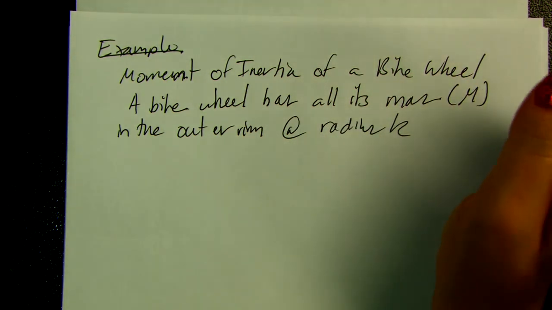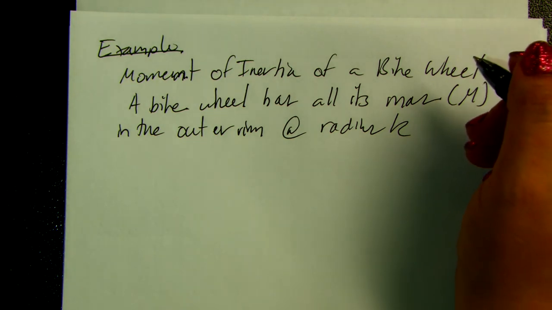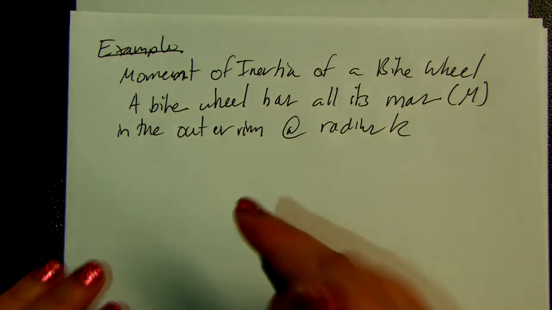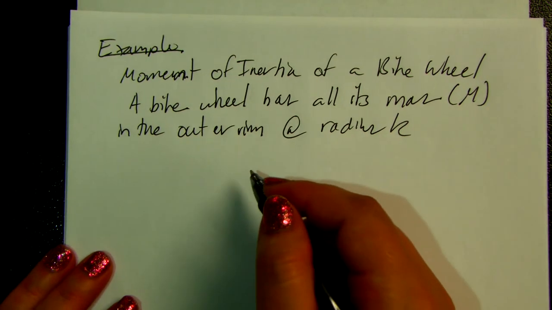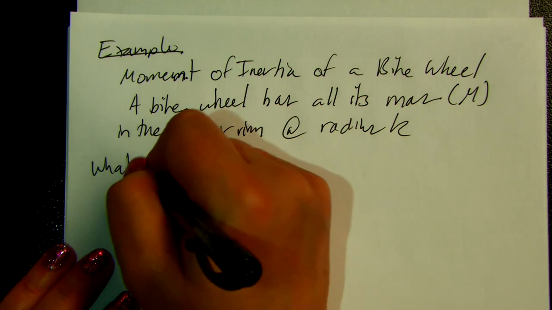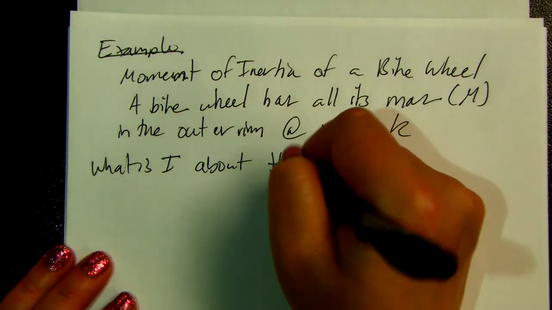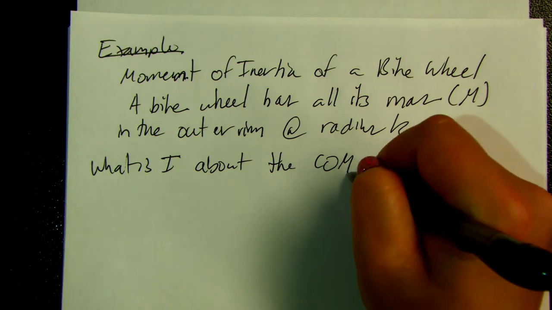So essentially what we're doing is we're neglecting the mass of the spokes compared to the much heavier mass on the outside of the wheel. So what is the moment of inertia about the center of mass?